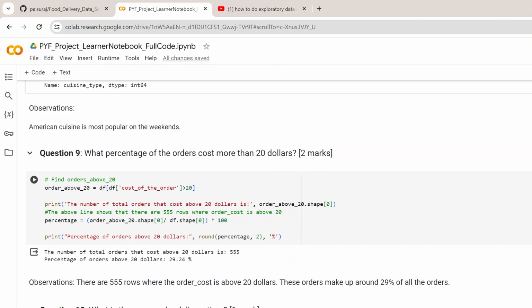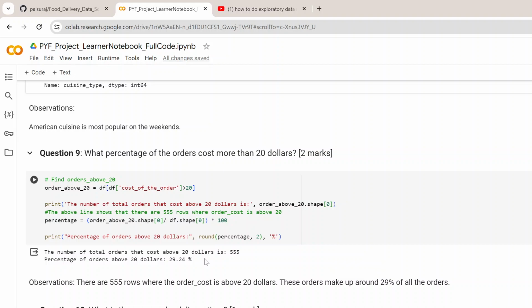Percentage of orders costing more than $20. As we were exploring, as we know, usually the way these delivery apps work is they get a percentage off the total bill. So I wanted to explore how many orders are above $20, to see how much the company could be making.